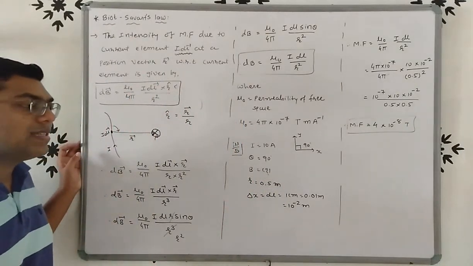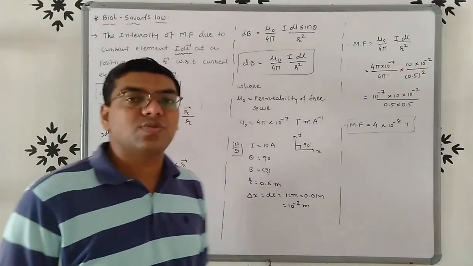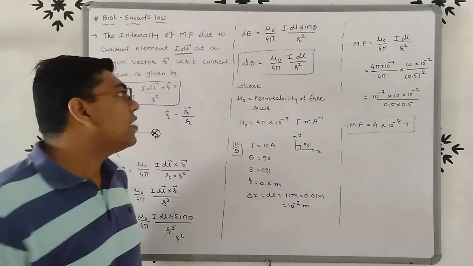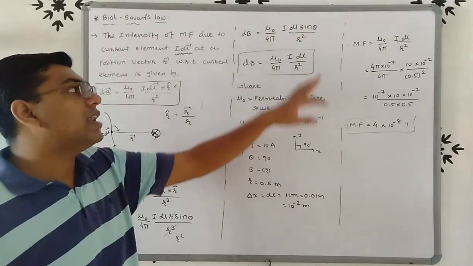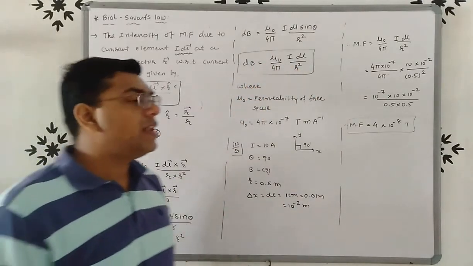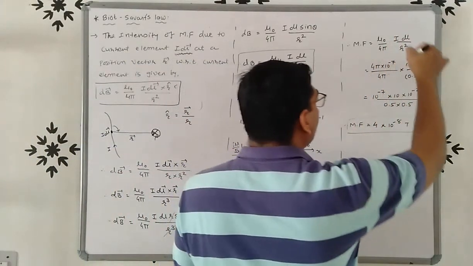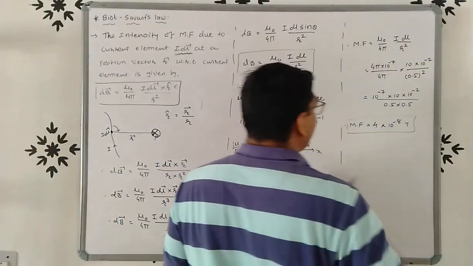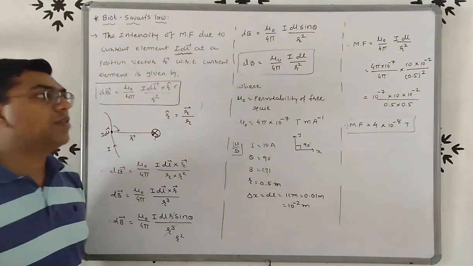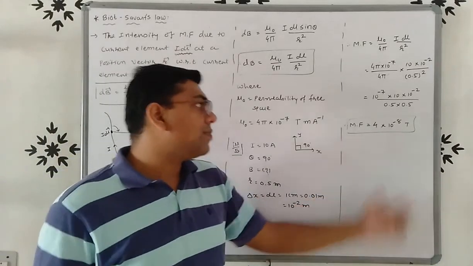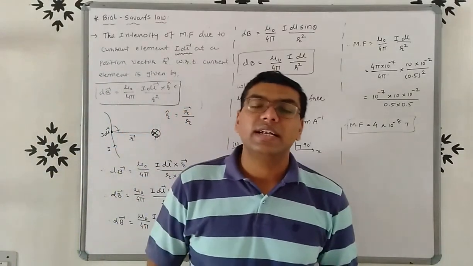We convert 1 centimeter into meter, so 0.01 or 10 raised to minus 2. So we know the formula of magnetic field: mu 0 by 4 pi Idl upon r square. The value of mu 0 is 4 pi into 10 raised to minus 7 by 4 pi, value of current 10, dl 10 raised to minus 2, upon r square, 0.5 whole square. If you solve this, you will get magnetic field 4 into 10 raised to minus 8 Tesla.